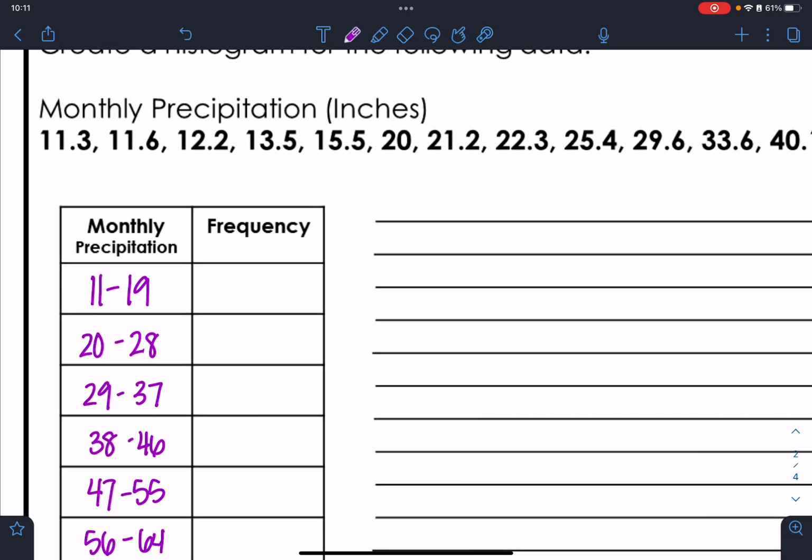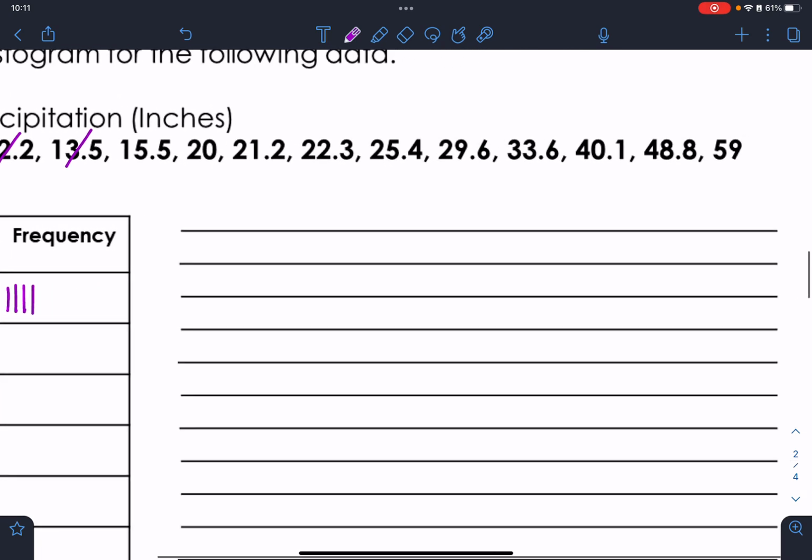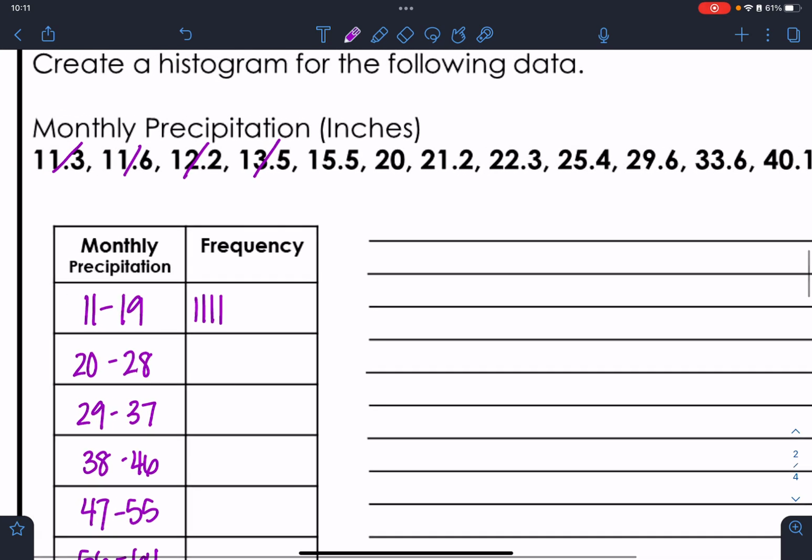So I have 11.3, 11.6, 12.2, 13.5, and it looks like these are in order from least to greatest, so that is also very helpful. 15.5, and then the next number that I see is 20, which is larger than 19, so I'm done counting that 11 to 19 category. So we can say that my frequency is 5, okay?